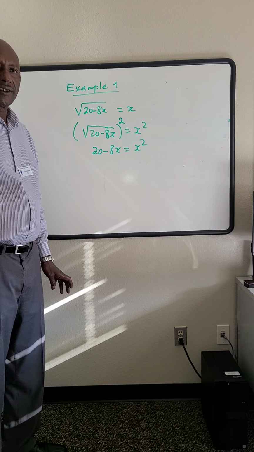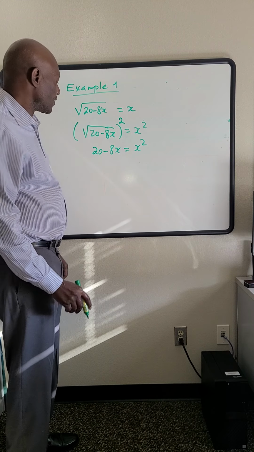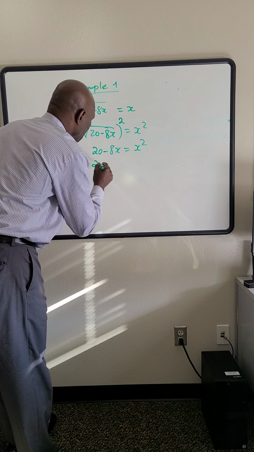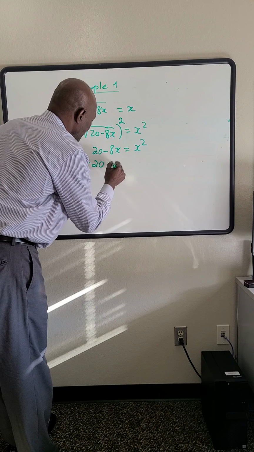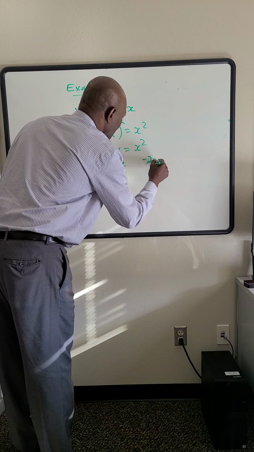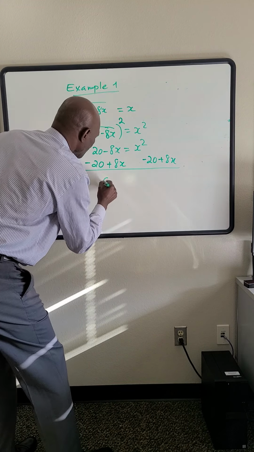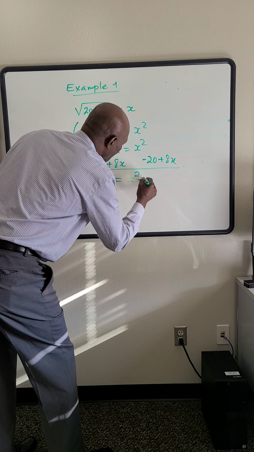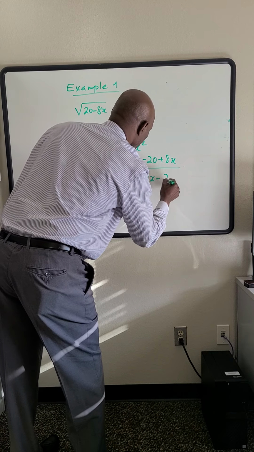So we put one side equal to 0 and then solve it. We can subtract 20 and add 8x. As the power 2 is on the other side, we're going to keep that side. So it's going to be 0 equal to x squared plus 8x minus 20.